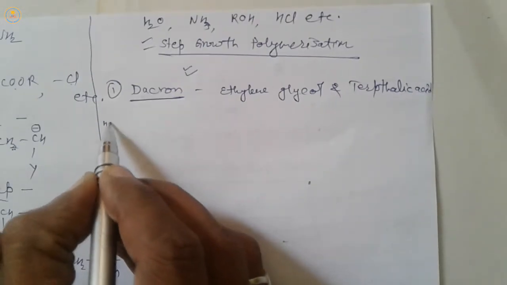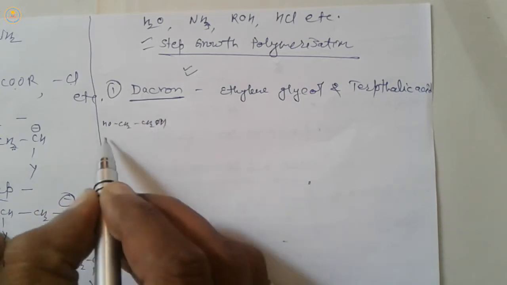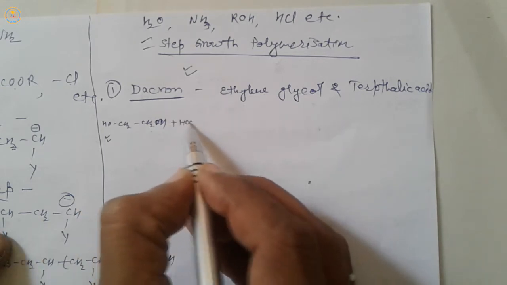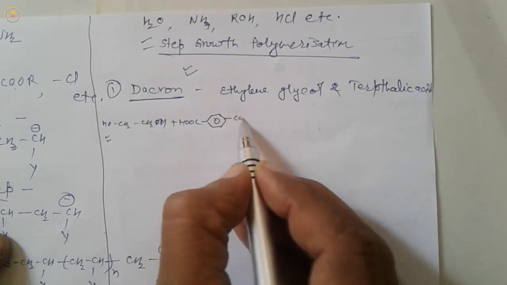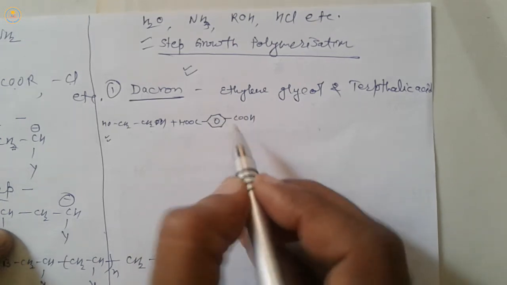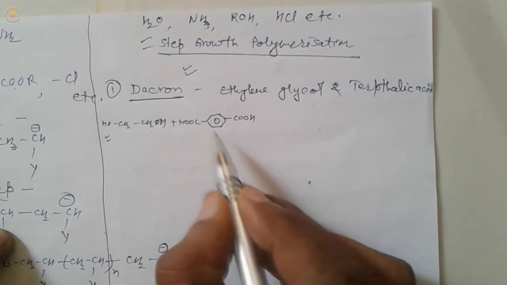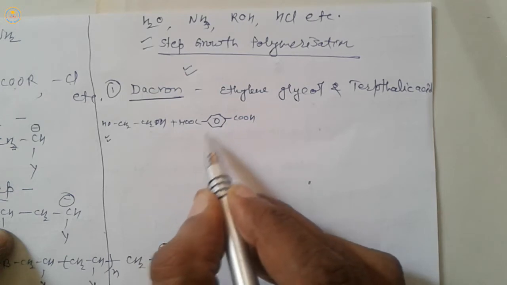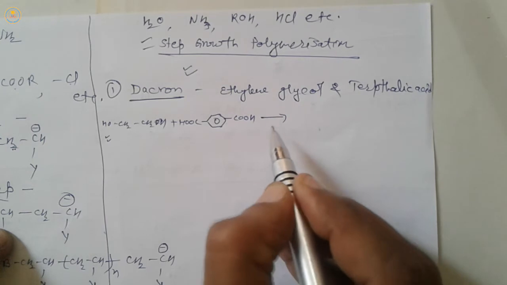So an ethylene glycol molecule reacts with terephthalic acid. When two COOH groups are present on a benzene ring at 1,4 position, then it is called terephthalic acid.